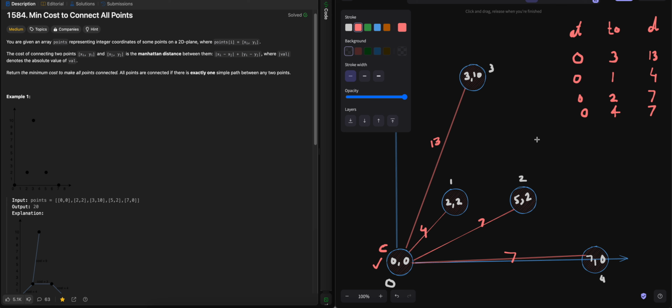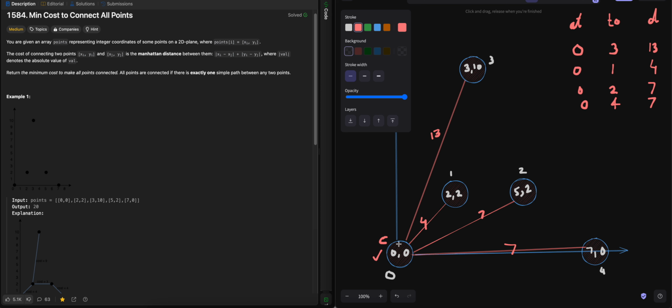Now, where do we have to keep this data? The next part of the problem is we have to pick the minimum out of all these edges, the one with the minimum distance from this particular node, because that's how we are going to create a minimum spanning tree.